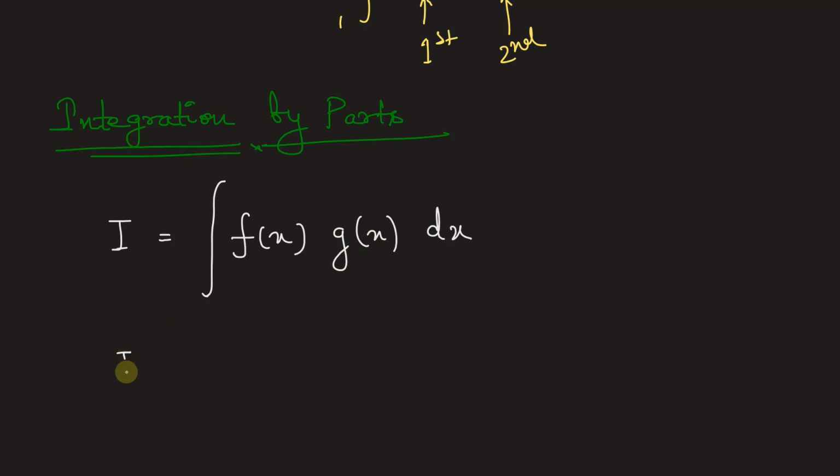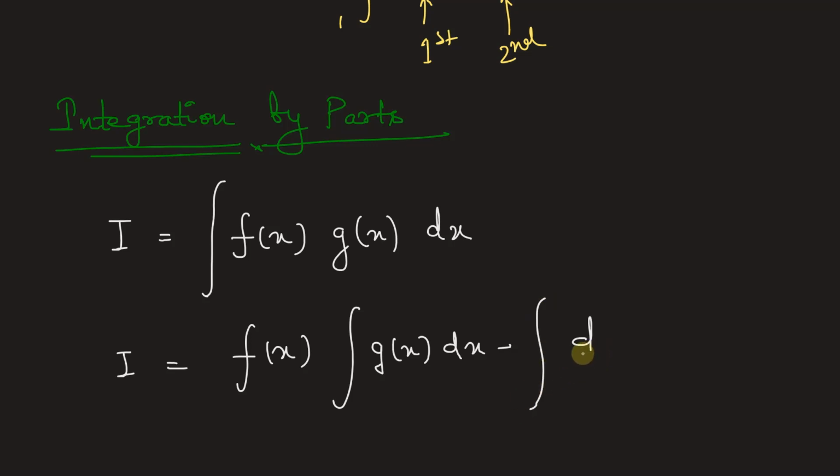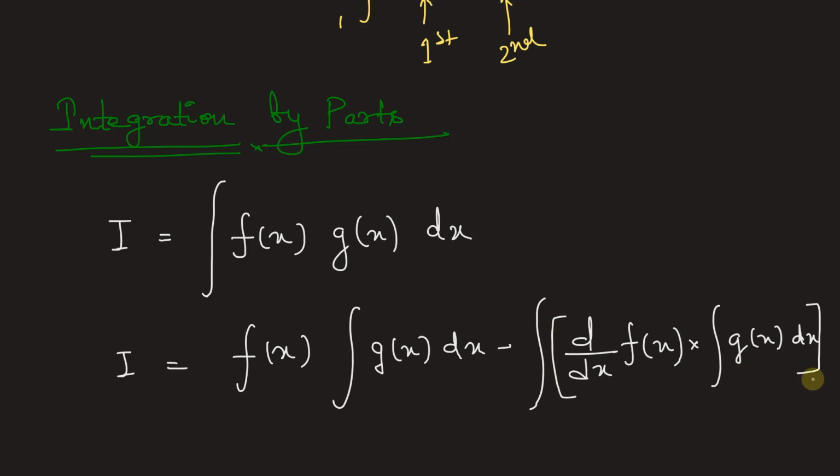This can be done using the formula: f of x into the integral of g of x dx, minus the integral of d by dx, that is the differentiation of the first function f of x, into the integral of the second function g of x dx, whole, dx. Here f of x is the first function and g of x is the second function.